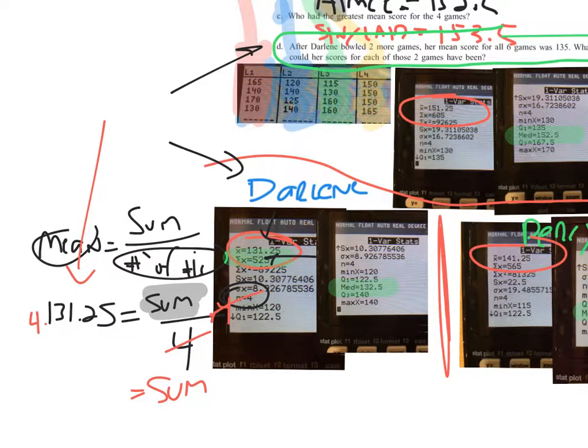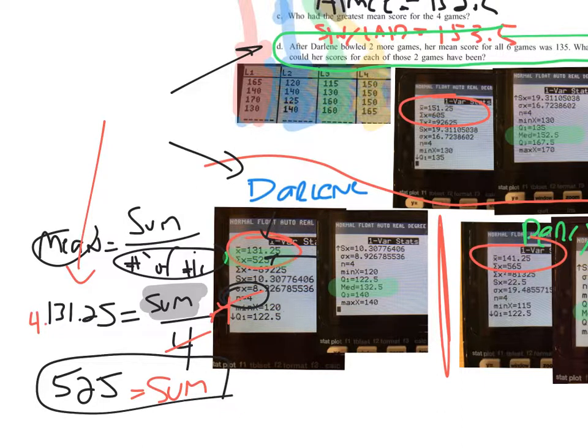So either way, here our sum is going to be 525. Now the question said she bowled 2 more games, and now her mean score for all 6 was 135.